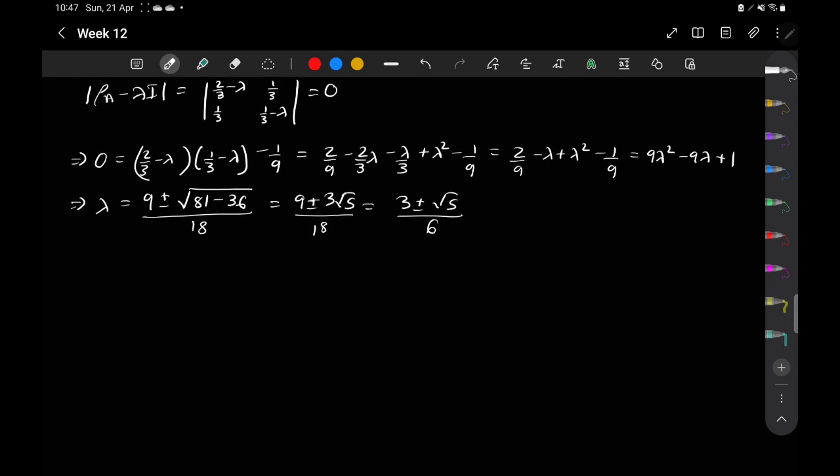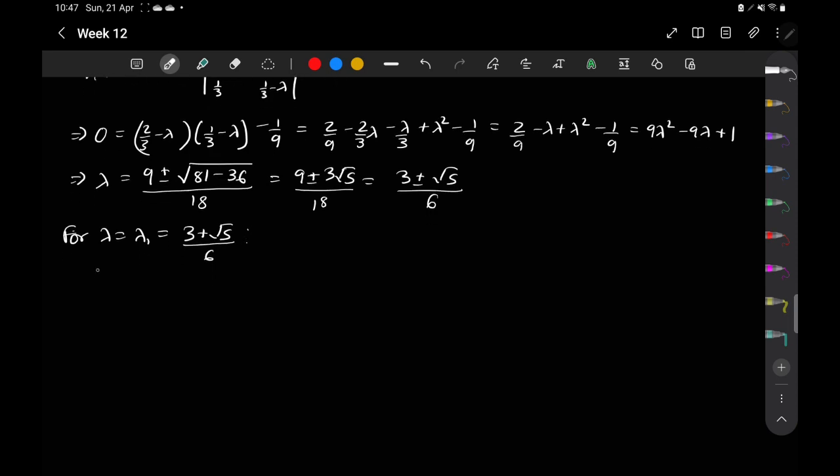Now let us look at lambda 1 and find the eigenvector.